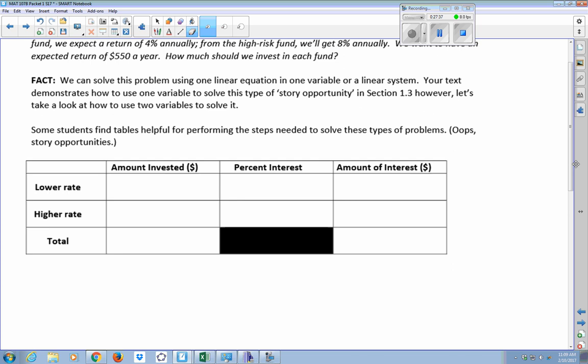So if you don't have this table, you have to say X, and if you use a Y, you have to tell me what they are. So X would be, say, the amount in dollars invested in the 4% account.